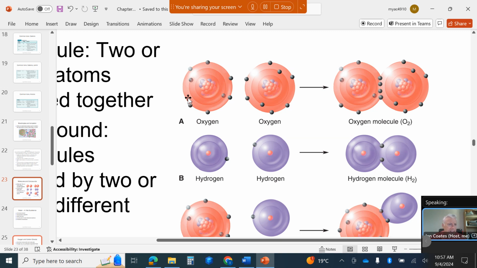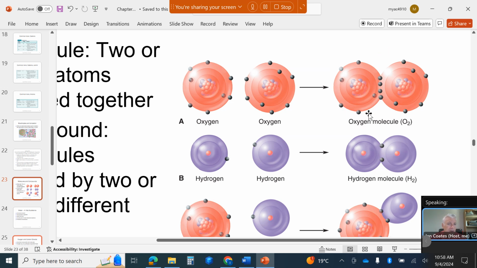It's not happy, it needs 8. And this oxygen, which is the same, it's got 2 and 6, it's not happy. So what happens here, one oxygen atom will bond with another, and we get O2, an oxygen molecule. This is what we're breathing in, people. This is the molecule that provides us with life.